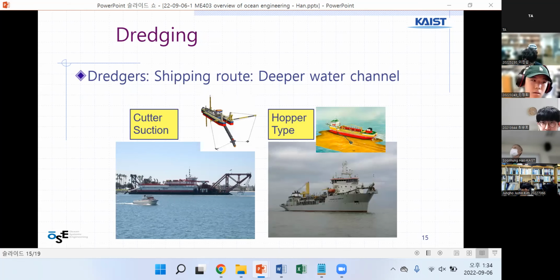Dredging, we already covered last time, in Incheon and the Yellow Sea. Can you remember the deepest depth of the Yellow Sea? 80 meters.